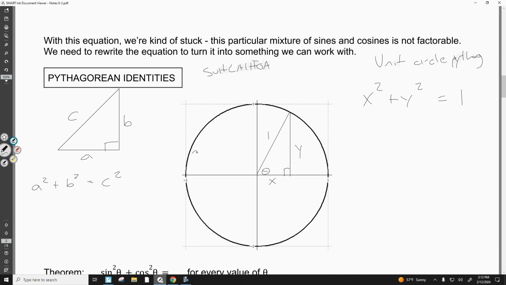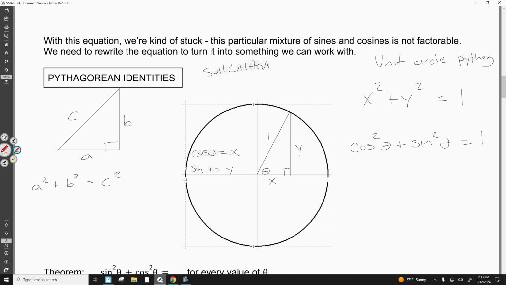The cosine of my angle equals x over 1, which is x. The sine of my angle equals y over 1. I am going to start with my unit circle Pythagorean theorem, and then I will change it to a unit circle Pythagorean theorem with an angle being referenced.